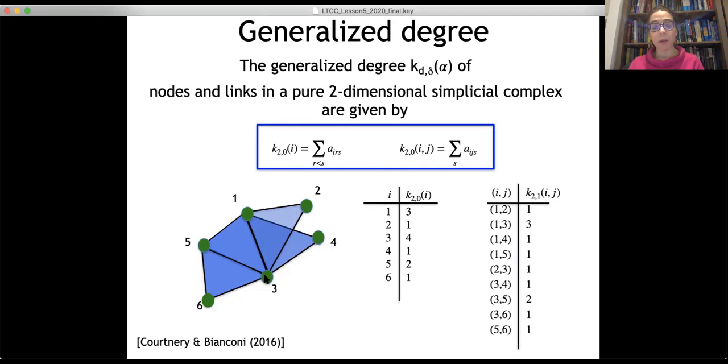So here, for instance, for node 3, you will have 4 triangles incident to node 3, so you have a generalized degree of the node that is 4, and for link 1-3, you will have a generalized degree which is 3, because there are 3 triangles incident to this link 1-3.